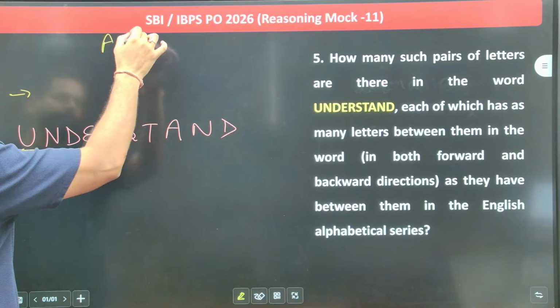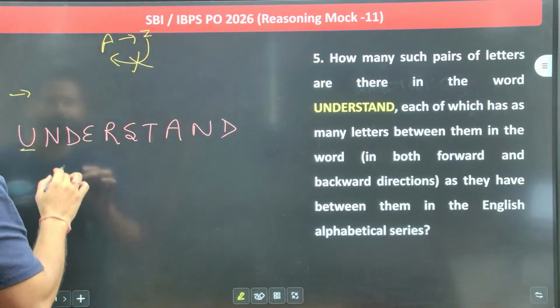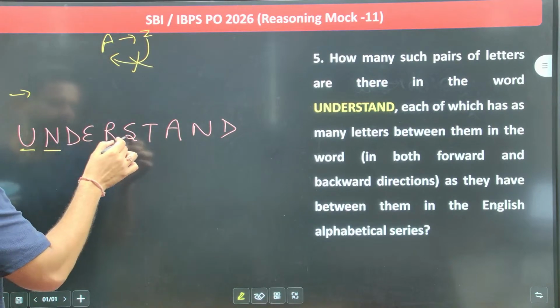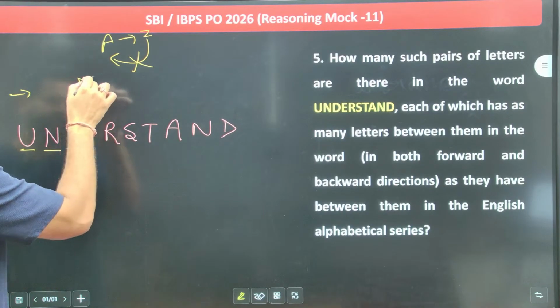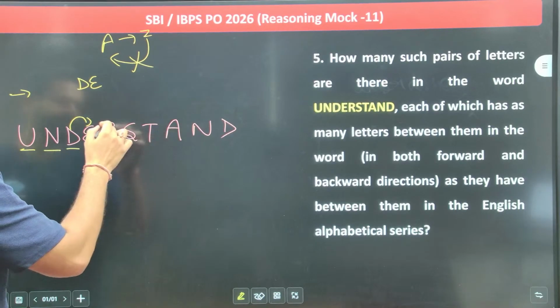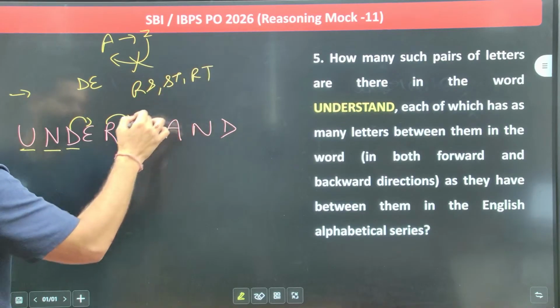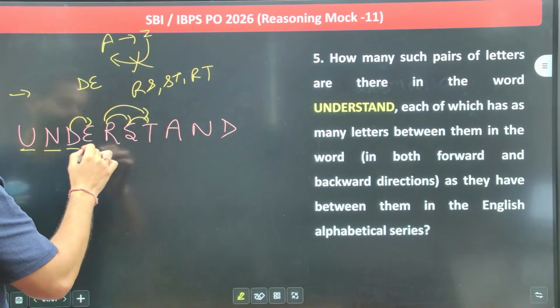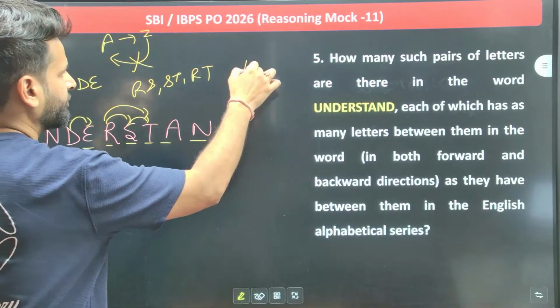And always we go from A to Z and we do not come back again from Z to A. N, O, P, Q, R, S, T, U, V, D, E. Yes, D, E is one pair. R, S, T, E ke baad F, G, H, I nahi hai. R to S, S to T, then R to T also. In forward, we have 4 pairs.